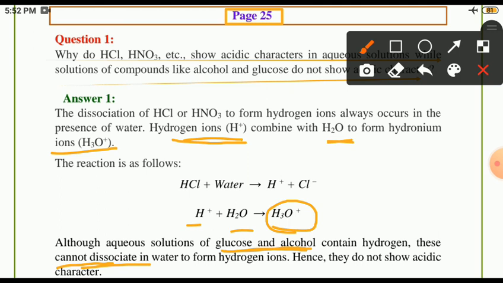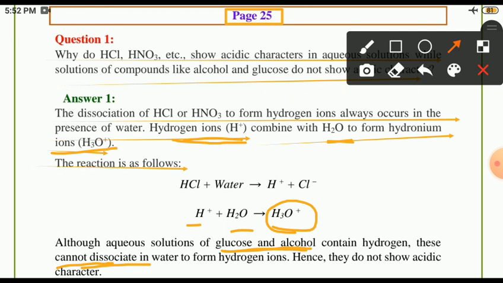So the answer we can write: the dissociation of HCl or HNO3 to form hydrogen ions always occurs in the presence of water. Hydrogen ion H positive combines with water H2O to form hydronium ions H3O positive. The reaction is as follows.